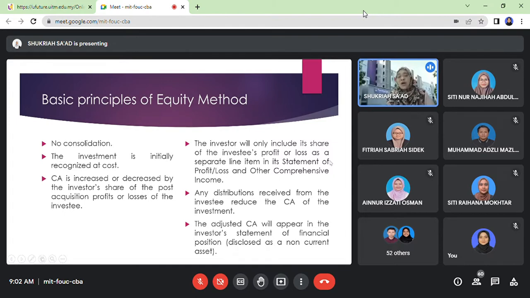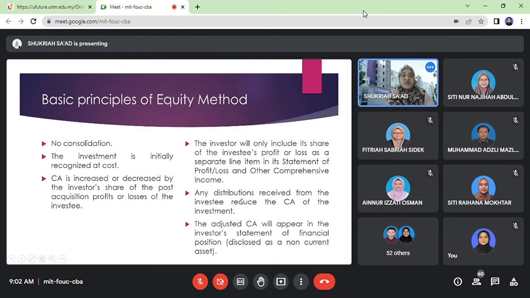While for the SOPR, the consolidated statement of profit or loss and other comprehensive income, we also have one line item whose name is share of profit of associate. If there is sharing in terms of profit, it becomes an income, but it can also be sharing of losses. If it is sharing of losses, it means expenses.